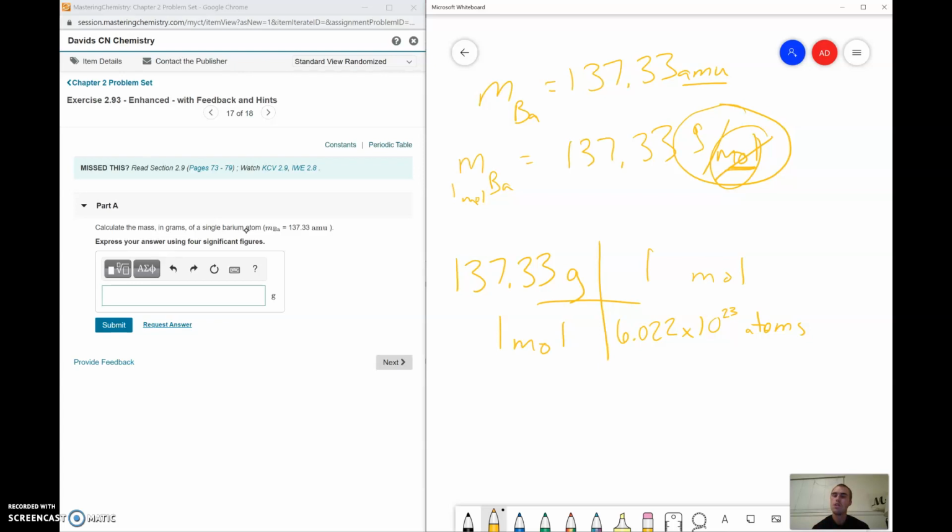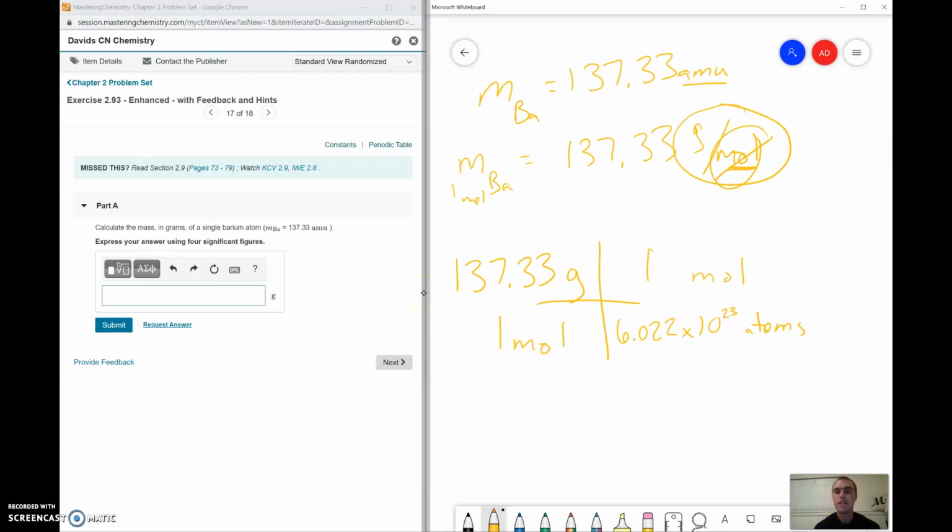Okay, so if I know that 1 mole, and if you don't remember this Avogadro's number, that's something that you should probably go look up and do a little bit of refreshing on your own, because this is an important thing in this class that we'll need to know and understand. Okay, so basically 1 mole of barium contains this many atoms, and it weighs this much.